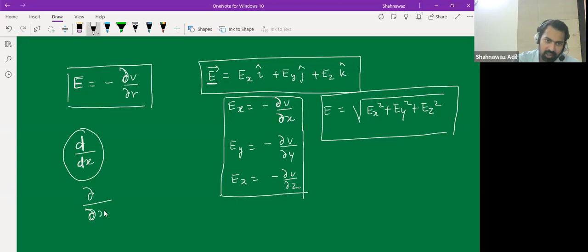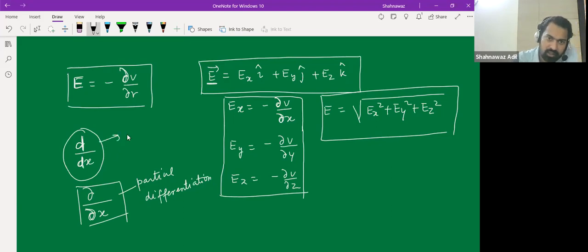This is delta, and this is called the partial differentiation.